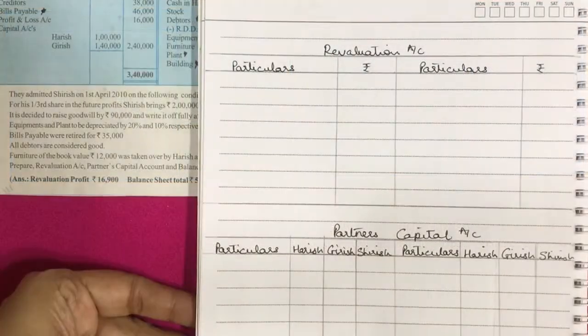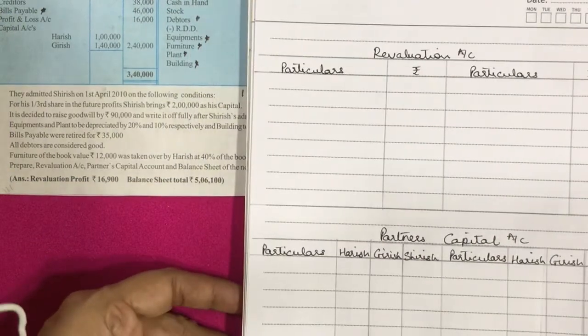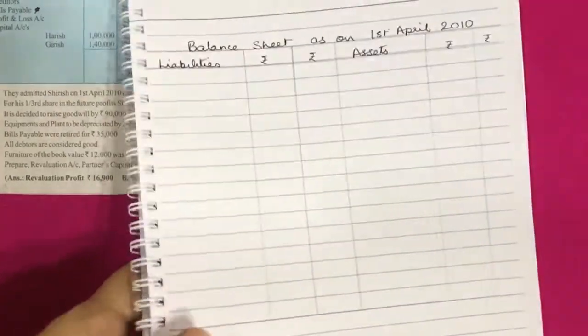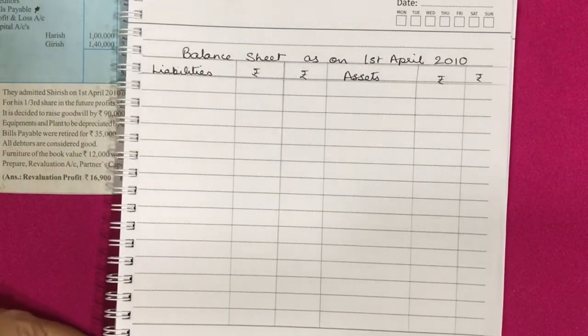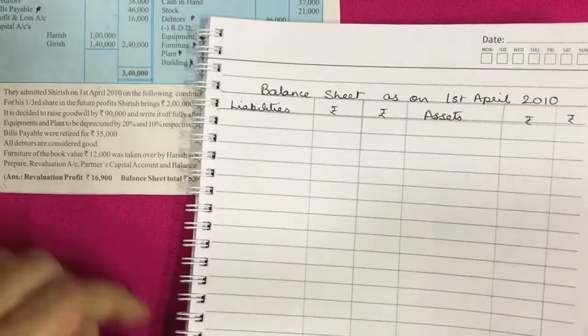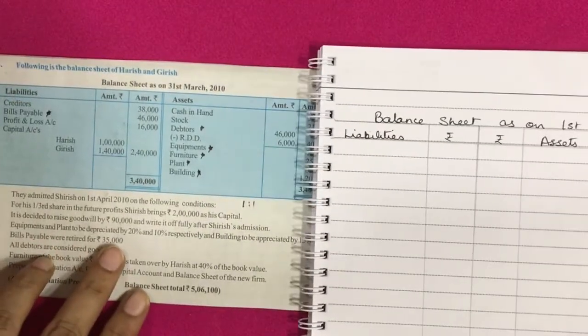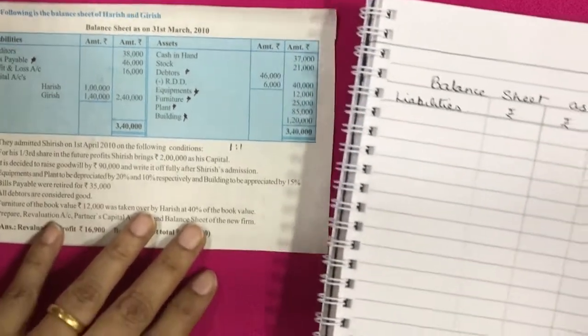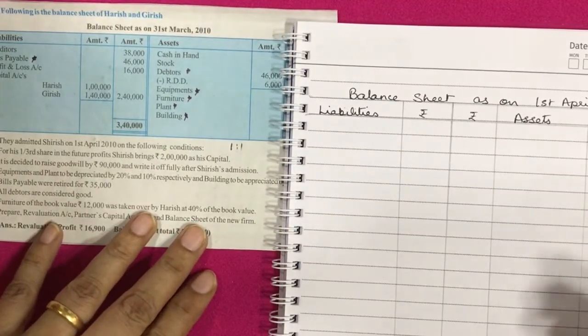I've drawn all the accounts: revaluation account or profit and loss adjustment account, partners capital account and balance sheet as on 1st April 2010. So let us start with the asset side first. Cash in hand. Now cash in hand, we have to do some calculations because cash is coming in and cash is also going out.